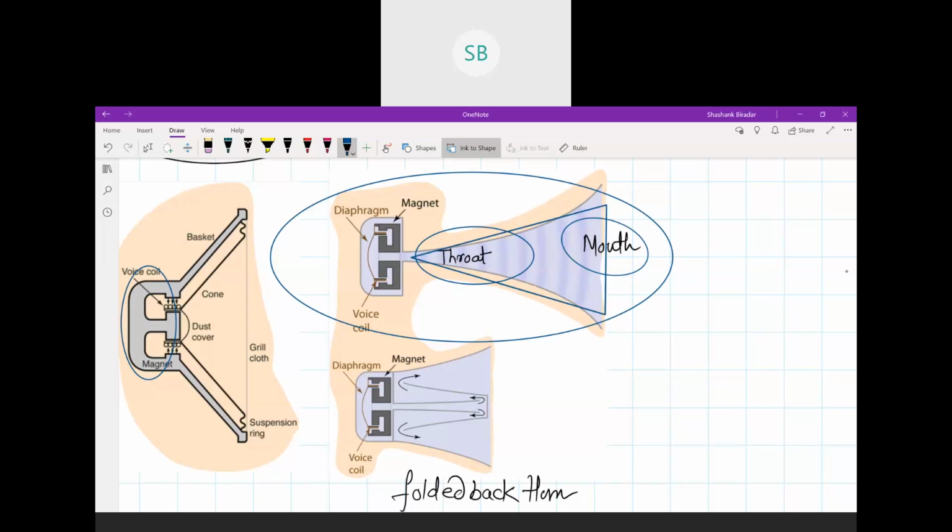The horn speaker acts like a coupling device between the diaphragm and the open space. Due to the presence of the horn acting as an acoustic transformer, a better impedance matching between the low impedance of the free air and the high impedance of the voice coil assembly is achieved.